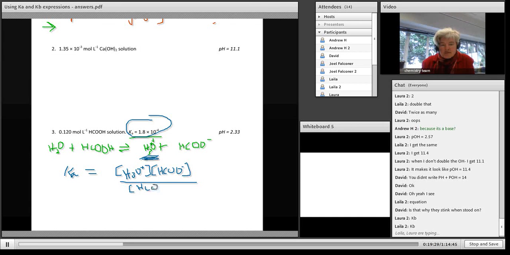Now if it's a weak acid, we can assume that not very much dissociates. So if I write my assumptions down, what can I assume about the concentration of my formic acid?